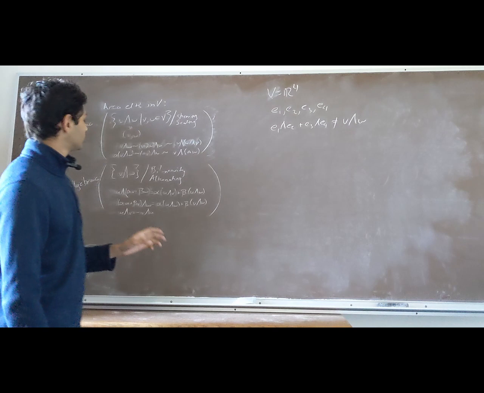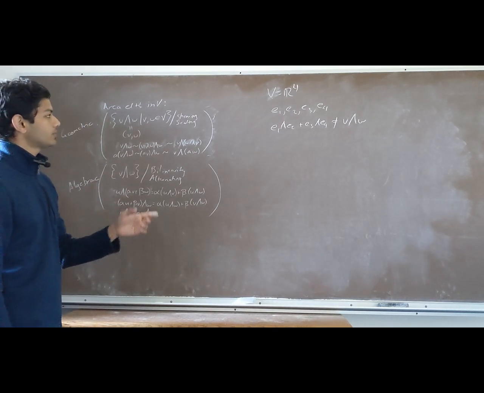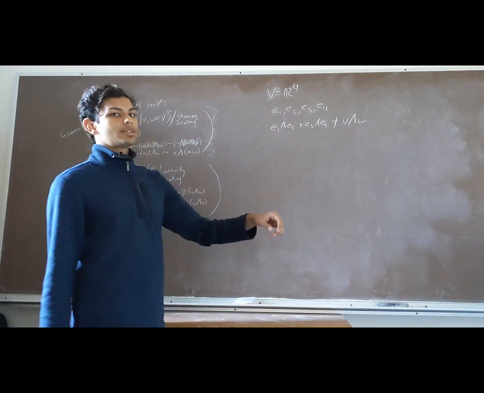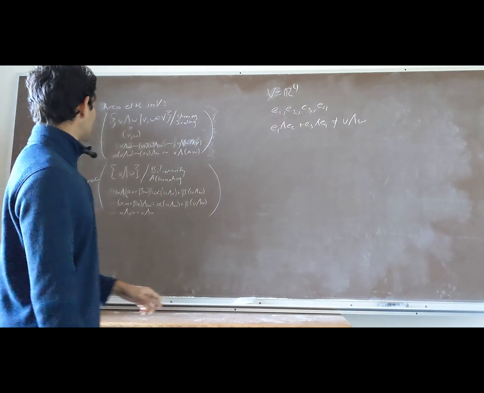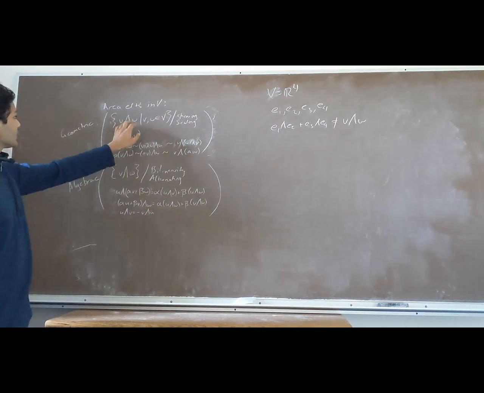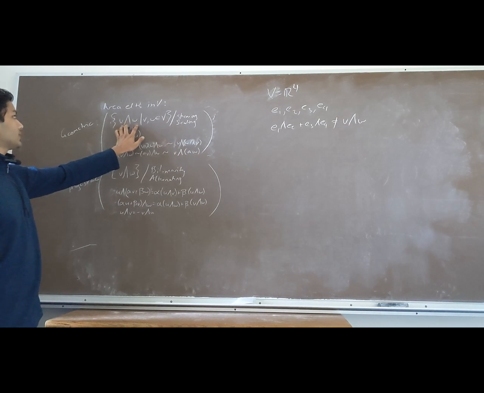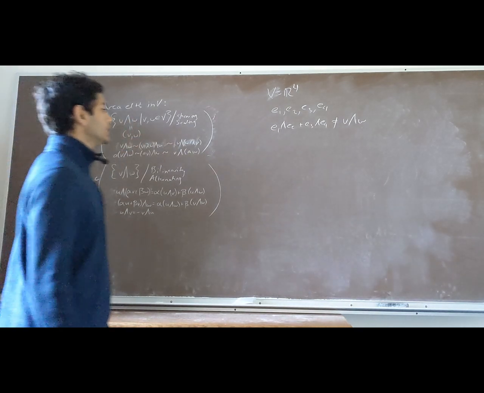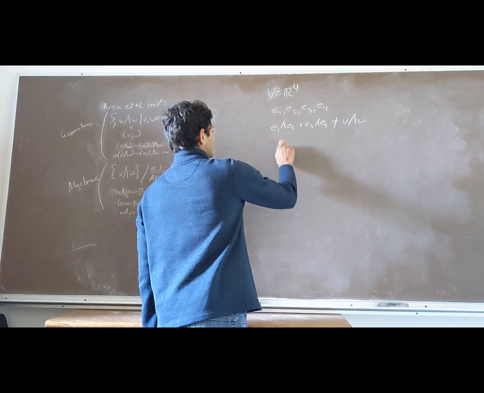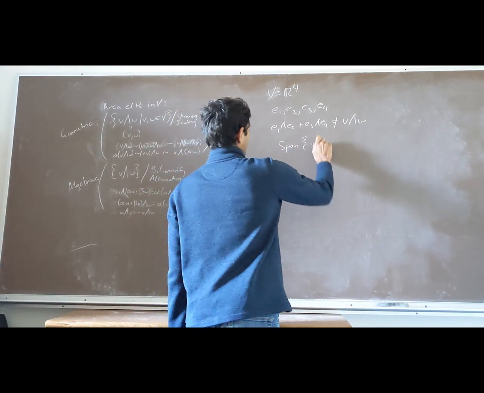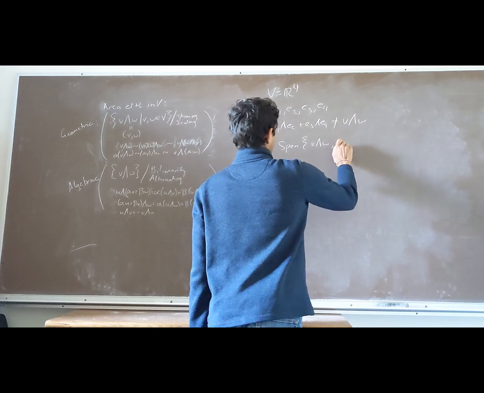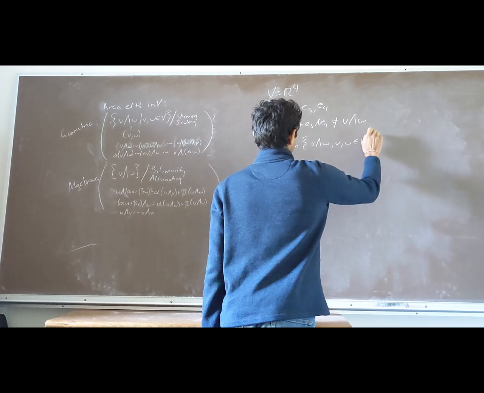However, our new definition will have to be modified to allow expressions like this instead of just pure expressions like this. And so what that means is that for our set of area elements, we can't just have V wedge W anymore. What we'll have to have is a span of V wedge W for V and W in our vector space.